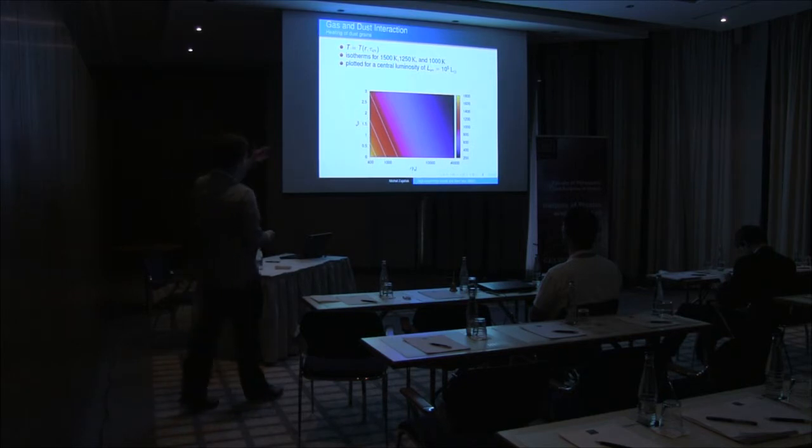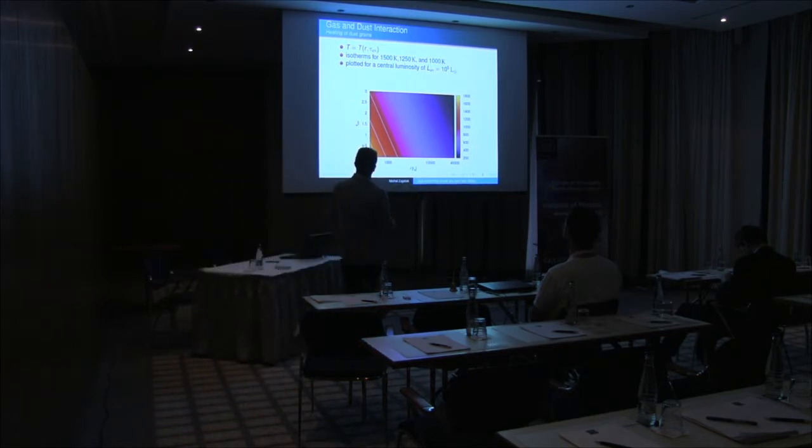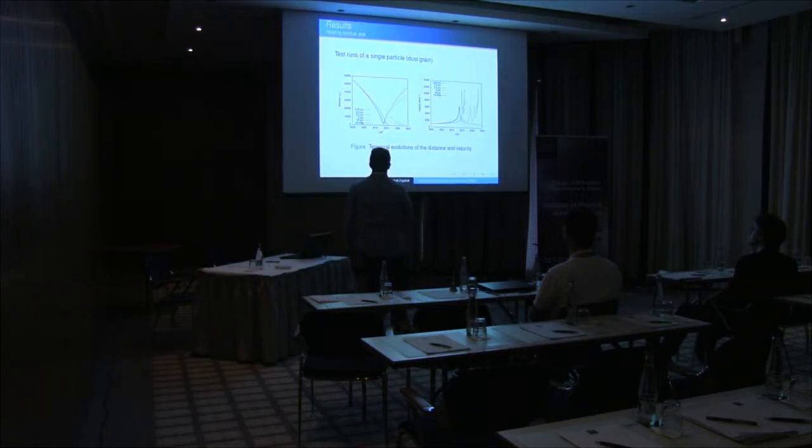And when we plot in this color-coded plot the temperature as a function of optical depth and radius for the pericenter distance of G2, we see that the dust is probably not going to totally evaporate, since the isotherm of 1500 kelvins, approximately the evaporation temperature for dust, is here.